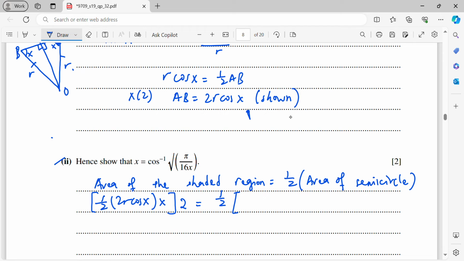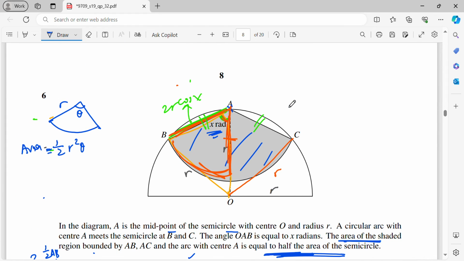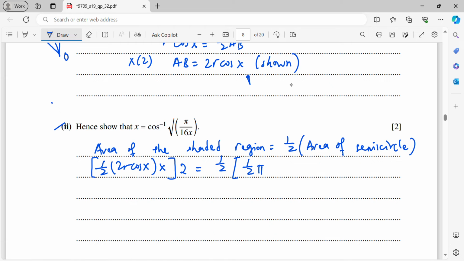Now, the circle is pi r squared. So half means half pi, and then what is the radius? Radius is r in the question. Therefore, I just write r squared. Then from here, when you compare the left and right side, the half will be cancelled off.